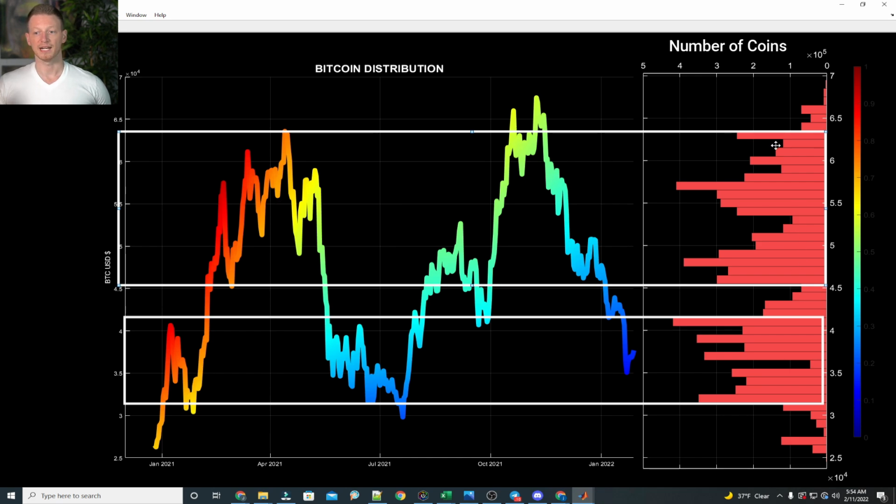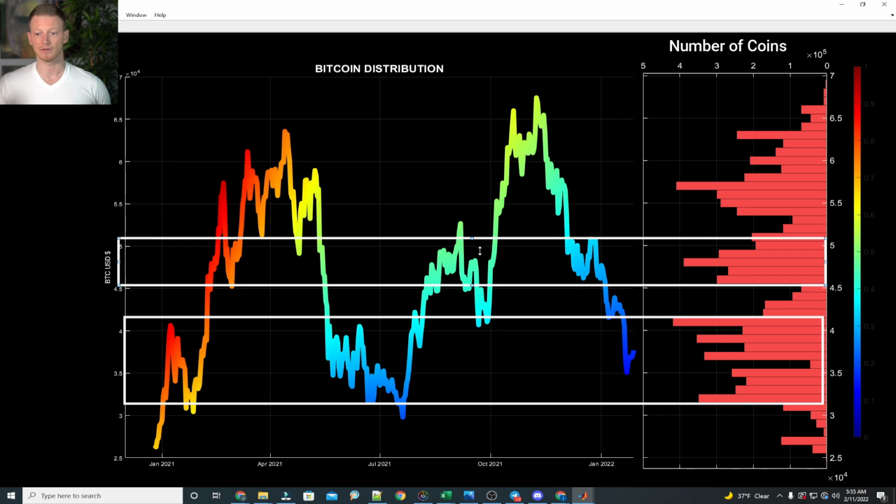In this range, we actually have approximately 20 to 25% of the total supply. So you have just a massive quantity of the supply in this area. This area, you'll note, is very likely going to act as a level of resistance. In fact, once you start getting up to right around this area here, you've seen that it's acted as resistance in the past.